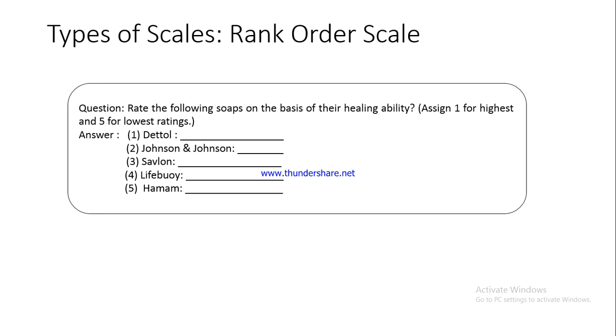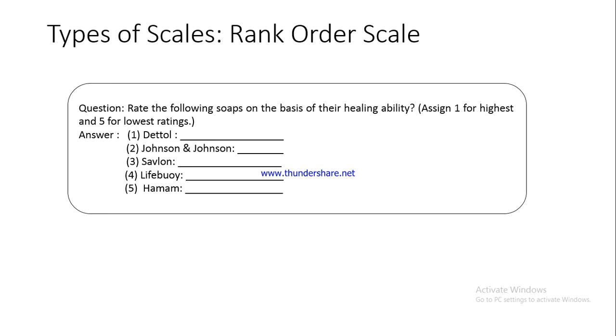If he feels that Savlon has the poorest healing ability, then in front of Savlon he will have to mark 5. This is understood. This way he will have to specify his perceived order of products on the attribute of their healing ability.